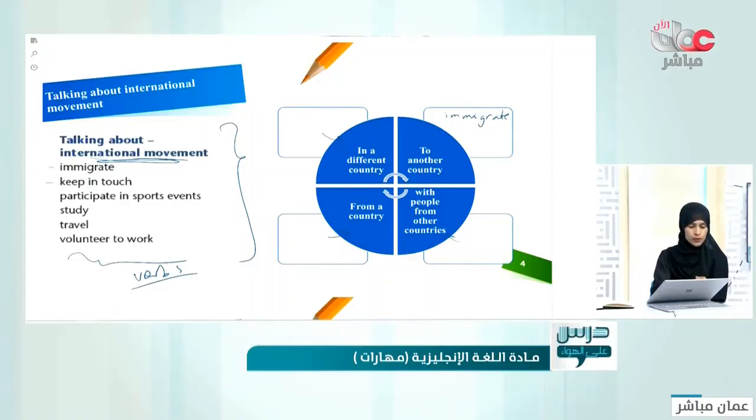When you keep in touch, you don't keep in touch to countries or in other countries, but there is keeping in touch between people mostly. So we keep in touch with people from other countries. So it is going to be here: keep in touch with people from other countries. And then participate in sports events.